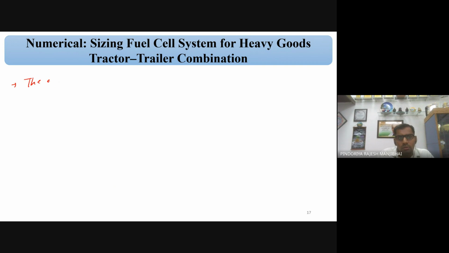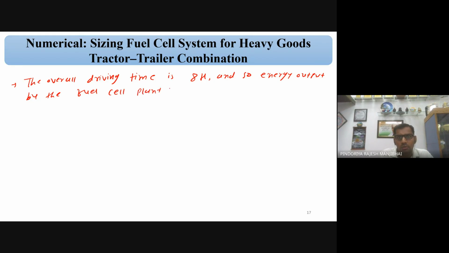The overall driving time is 8 hours. And so energy output by the fuel cell plant: energy of the fuel cell plant is equal to P FCP into T. So P FCP is 89.33 into T, that is your 8, correct?